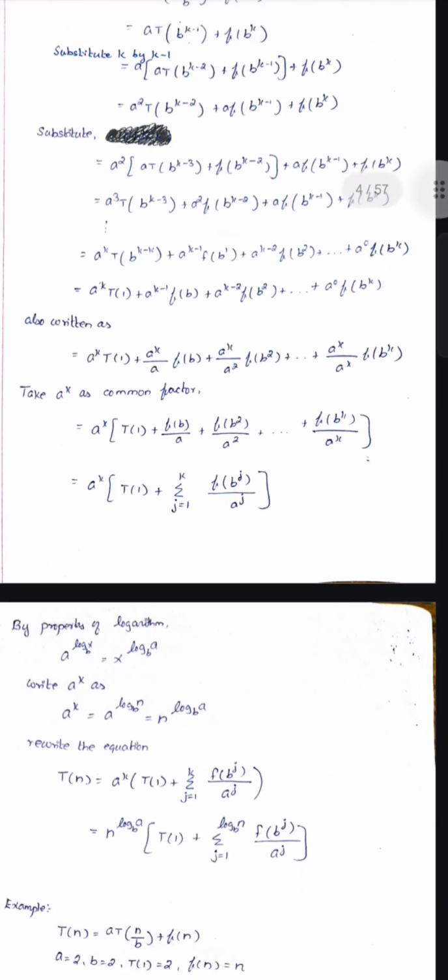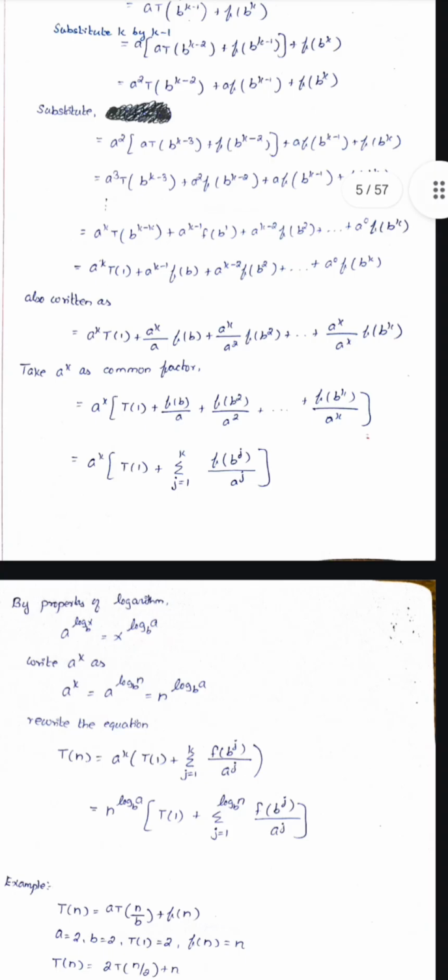Substitute k by k-1: T(b^(k-1)) = aT(b^(k-2)) + f(b^(k-1)).